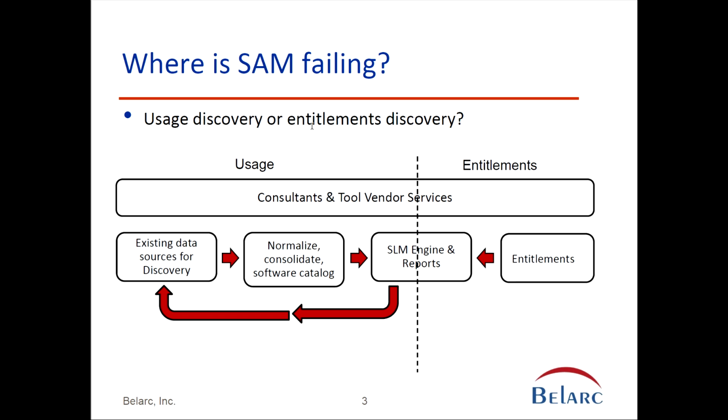Is it discovery, or is it really usage and installations, or is it entitlements? And we're saying the big problem is on the usage side, discovering the usage and installation. What happens is you want the usage to match the entitlements, but the data is coming in from your federated discovery, and it's not matching.